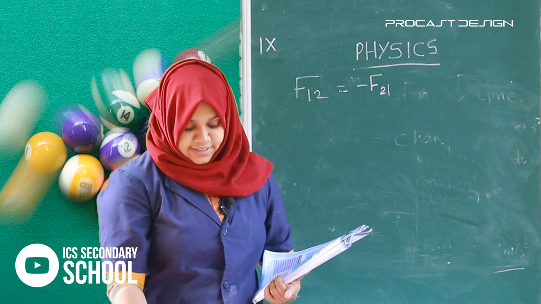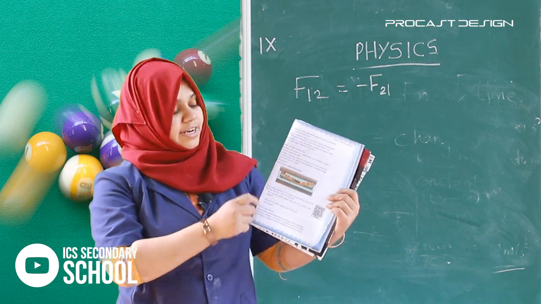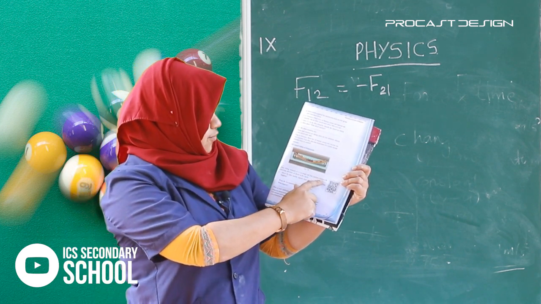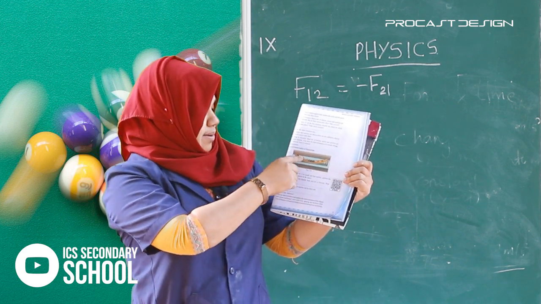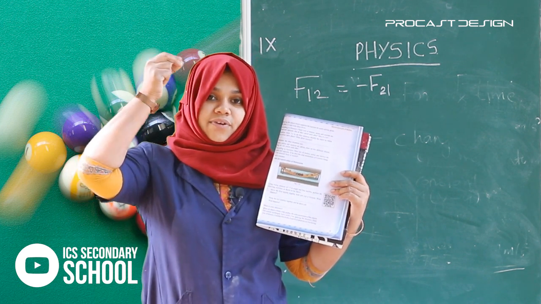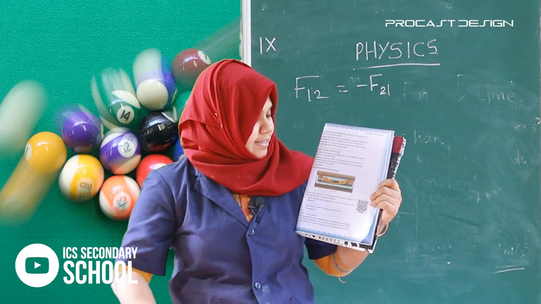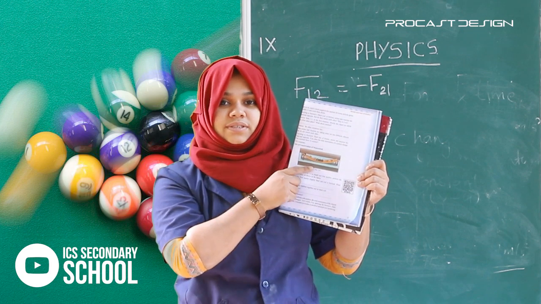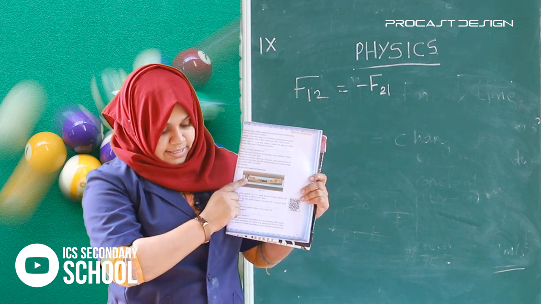Understand? Okay. Next, the law of conservation of momentum. You can see figure 3.18. Using a wooden channel and four marbles, perform the following activity as shown in the figure. First, move the first marble slightly back and roll it forward. What happens? The first marble goes forward and the marble on the other side moves out.